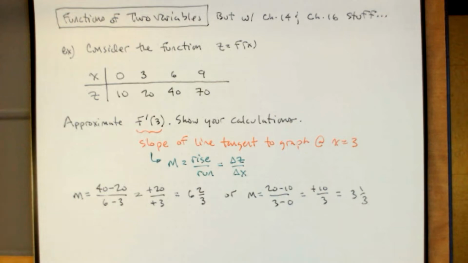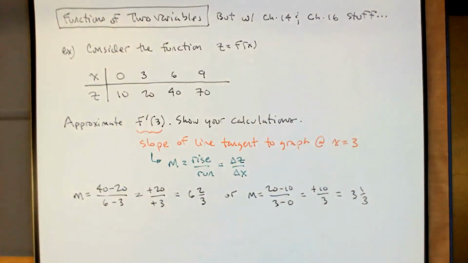We shouldn't have expected a lot of accuracy because z is changing quite a bit. We got these big leaps of x from 3 to 6, and z seems to be changing quite a bit. So we shouldn't expect a lot of precision at this point. This is like Game Boy level precision as far as the graphics go.